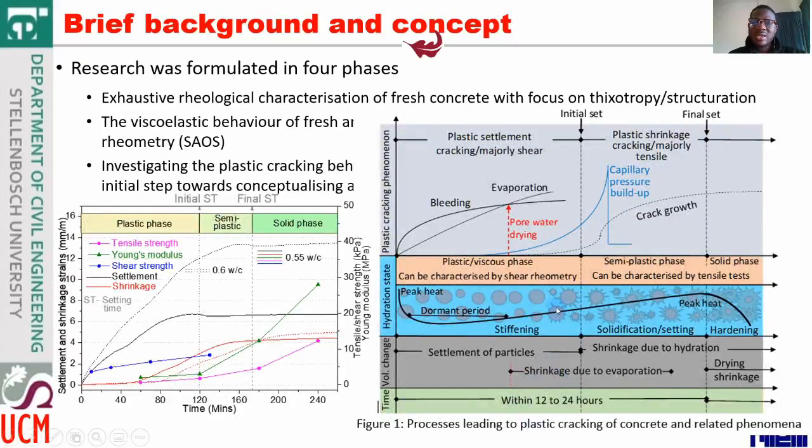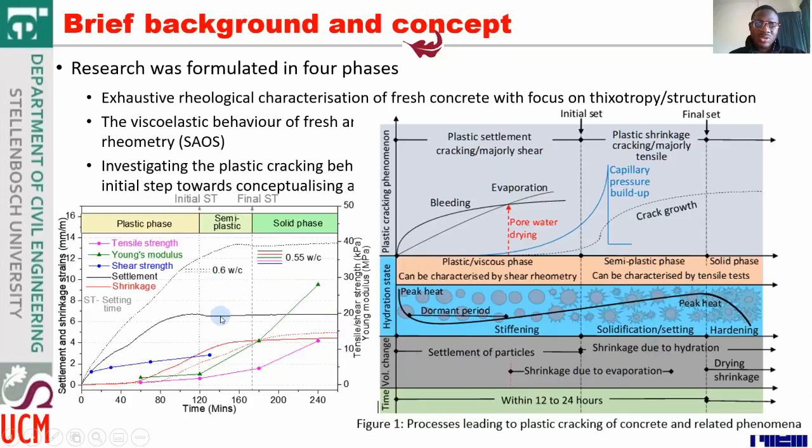Therefore, the study is idealized as days in which the time between mixing and the initial set is majorly plastic settlement, which is characterizable by shear geometry, and after that upwards we usually have plastic shrinkage, although they are both interlinked, with overlaps, and this time period is usually characterizable by tensile tests.